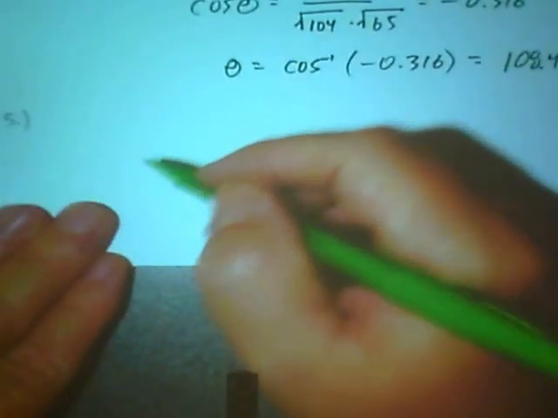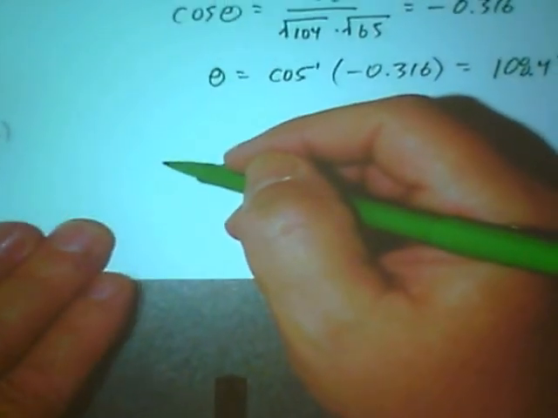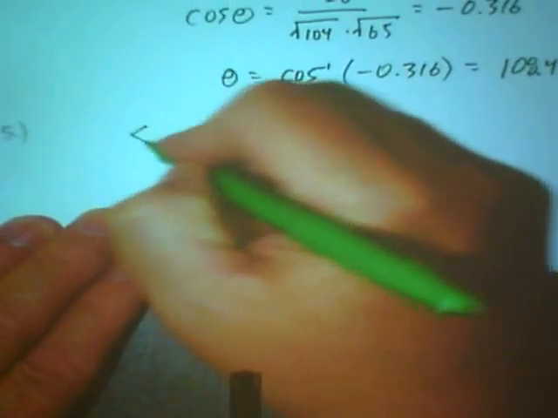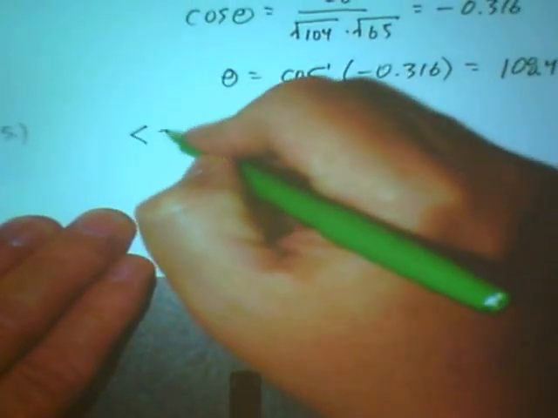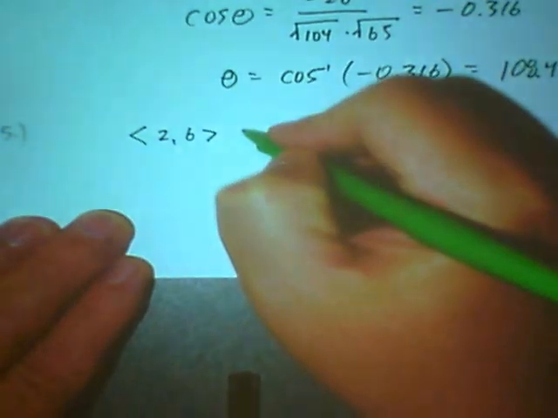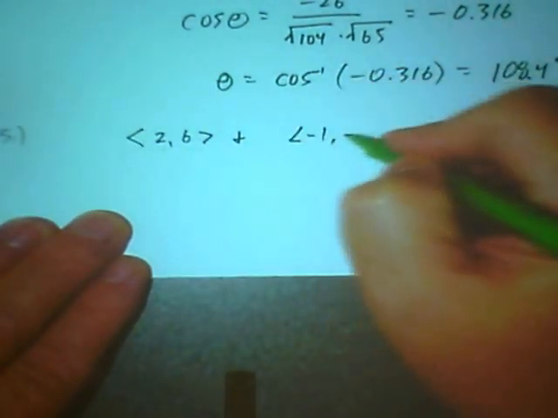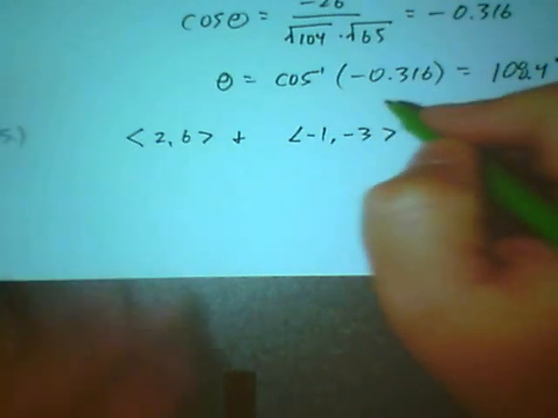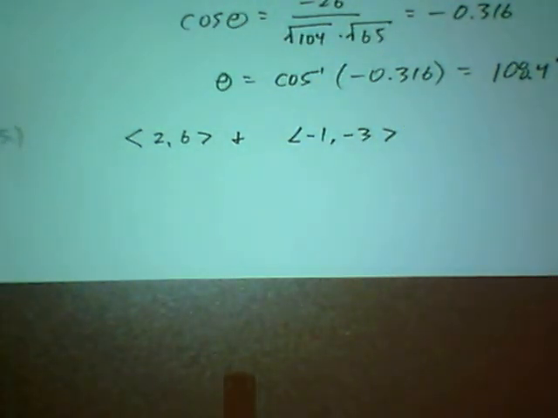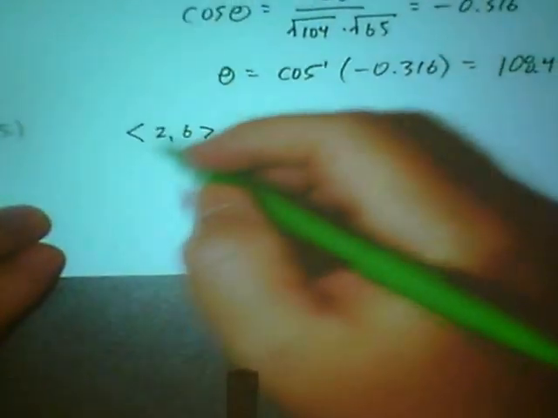So the two vectors for problem 15, now we got the pointy bracket, so it's <2, 6> and <-1, -3>. So I'm simply going to plug those into my equation.